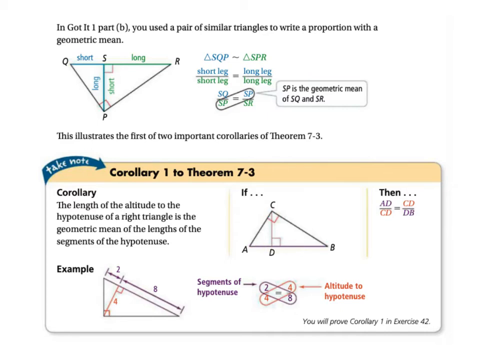The geometric mean of that, or this times this and then square rooted, is what the altitude is going to be equal to. Pretty neat. So in this case, let's say you drop this altitude and you get 2 here and 8 here. 2 times 8 is 16. The square root of 16 is 4. That's what that altitude is. Neat. Let's take a look at what we get with the second corollary for theorem 7-3.